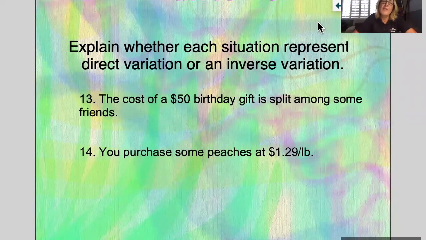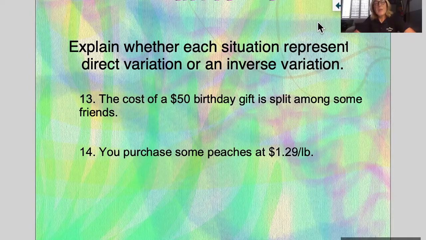So here we have two situations, and we want to determine whether they represent a direct variation, which would be a proportional relationship, or an inverse variation, which would be sort of like the opposite of that. So the cost of a $50 birthday gift is split among some friends. So the way you could think about this is, let's say 2 friends share the cost. Then they would each pay $25, right?